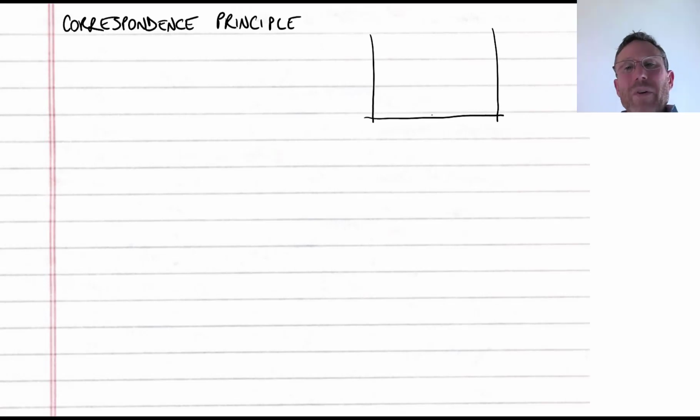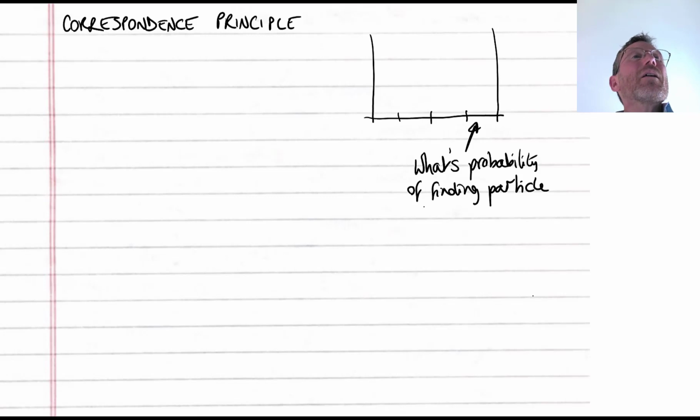We can break our box down into quarters, and ask what's the probability of finding that particle in this spot? The probability of finding it there is the same as the probability of finding it in any quarter segment of our box, and the answer is 1/4.